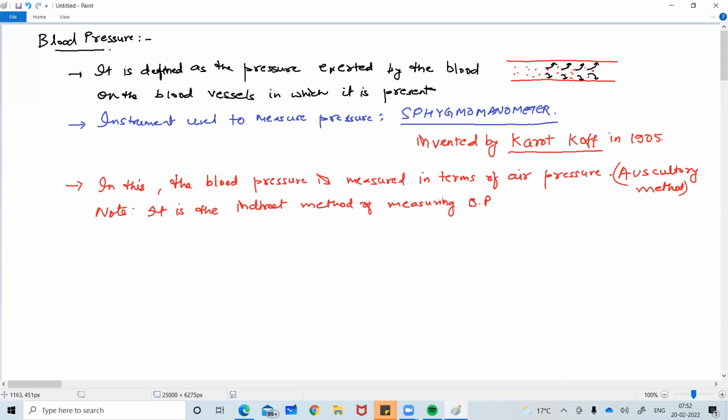So BP, first of all, has two components. Whenever we measure the BP, blood pressure, there are two components, and it is measured in mm of Hg, measured in unit.